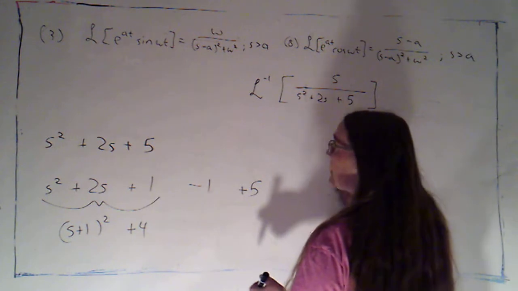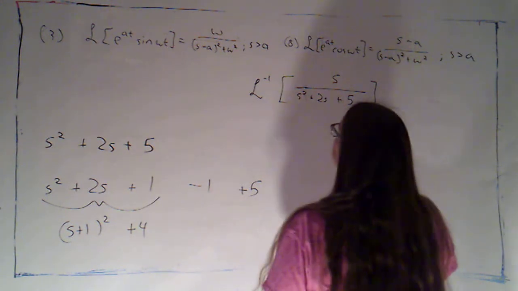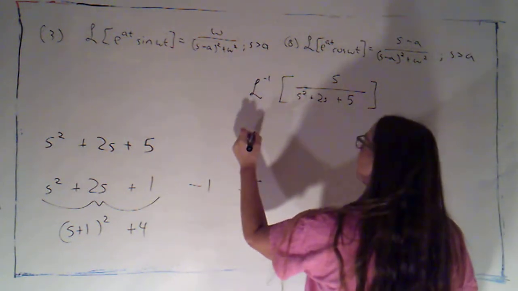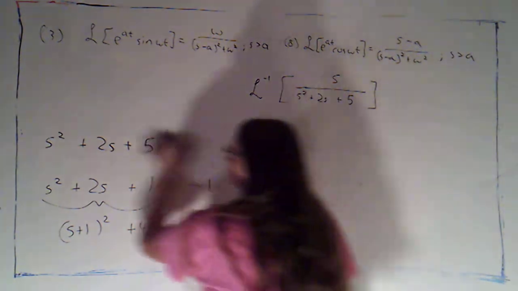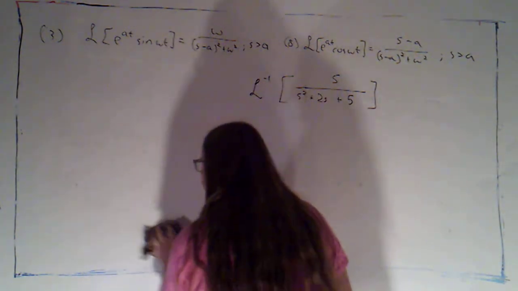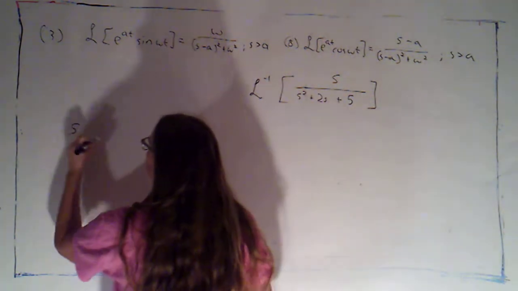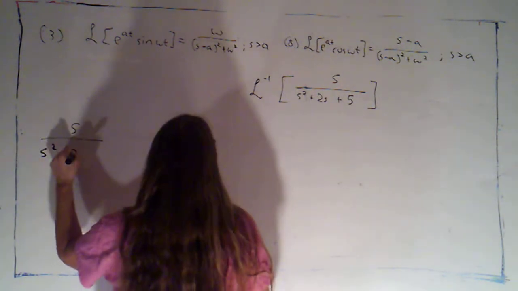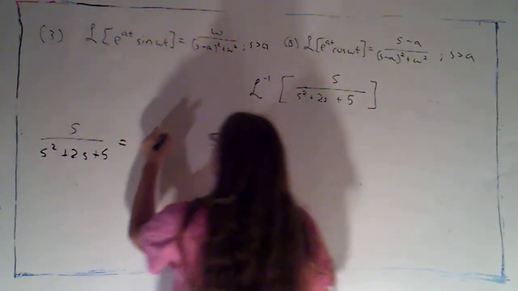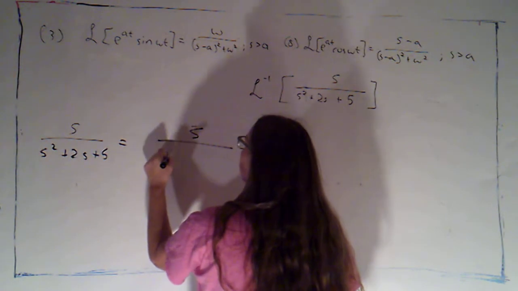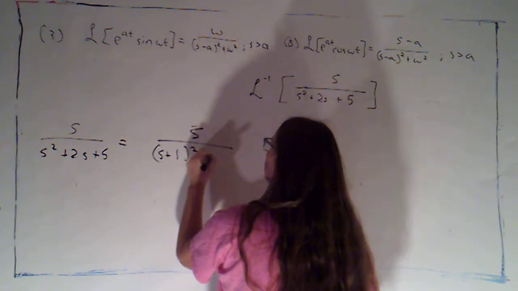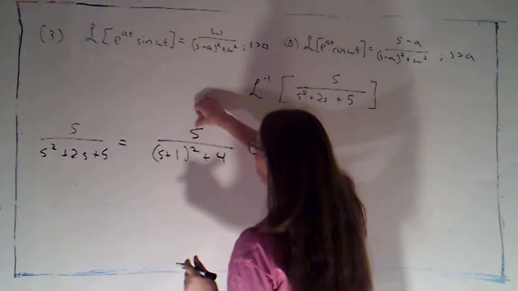Okay. I'm liking that. So if I take this whole fraction, I'll just remember that. S over s squared plus 2s plus 5 is s over s plus 1 squared plus 4.